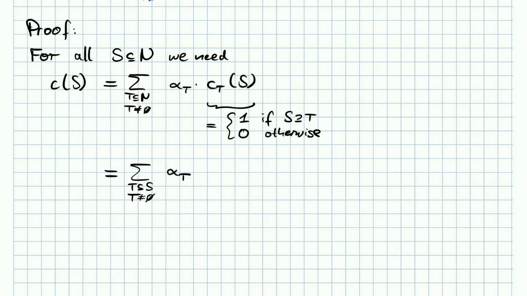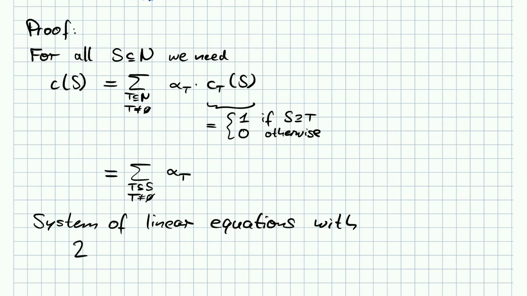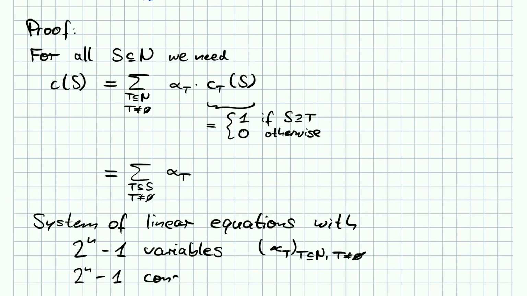We'll have two to the n minus 1 variables, namely all these alpha t, for t being a subset of n, but t is not the empty set, and we'll also have as many constraints, namely that we have the s, which are also a subset of n, and s shouldn't be the empty set, because for the empty set all this will be 0.